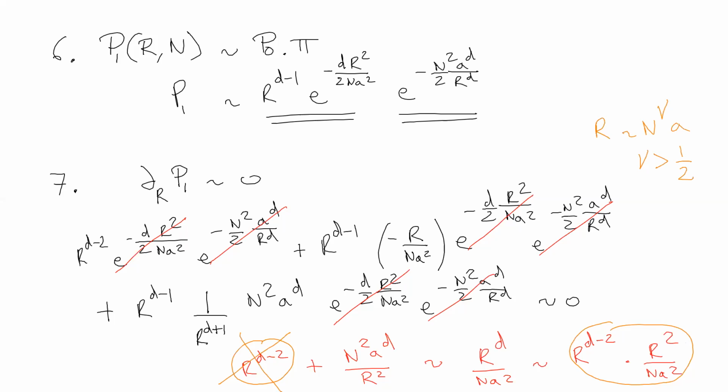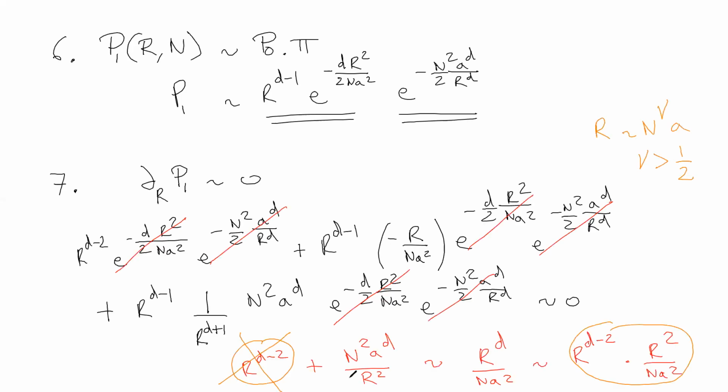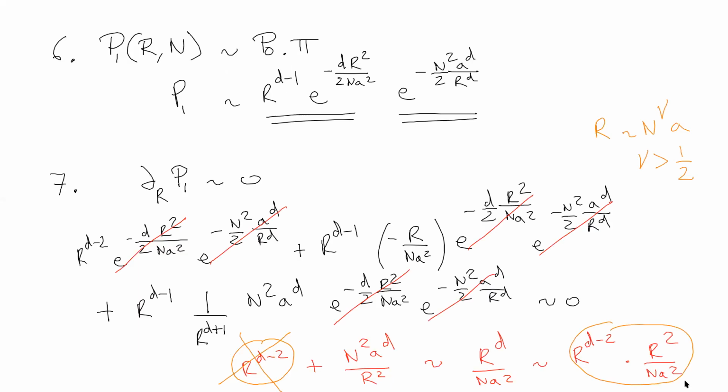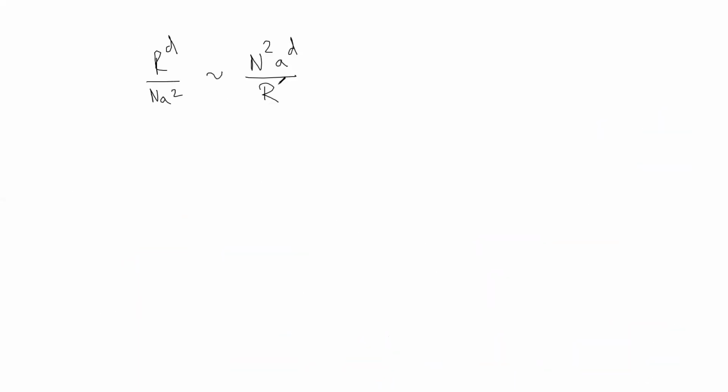So it says that, in fact, I have only to balance these two terms. So I have r^d over n a squared, that scales like the other one, which is this one, n squared a^d over r^d, r squared or r^d? R squared. And this is equivalent to saying that I have the following relation.